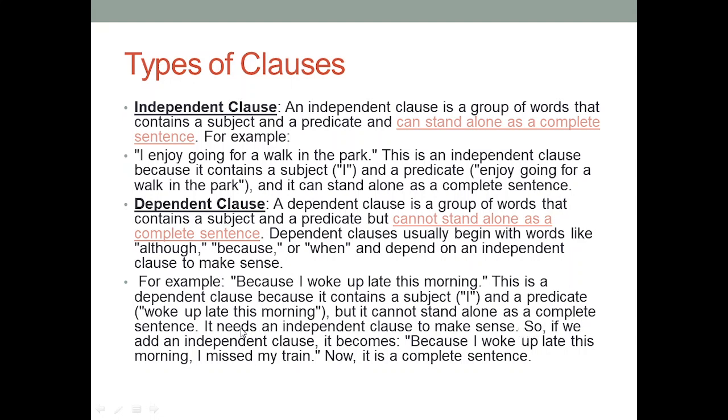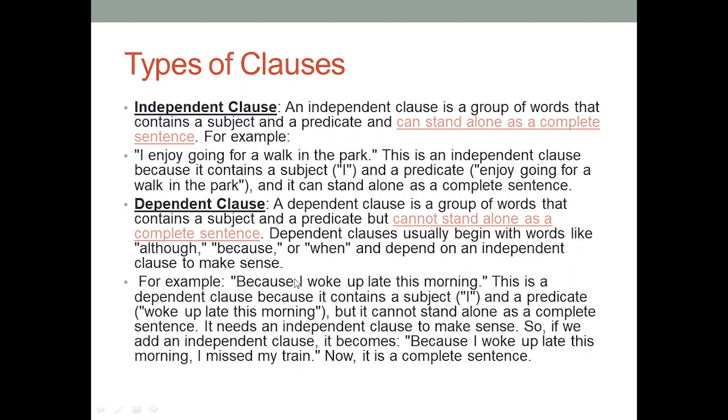So we will add an independent clause to this to make it a complete sentence. Because I woke up late this morning, I missed my train. Now it's a complete sentence. We get a complete idea.